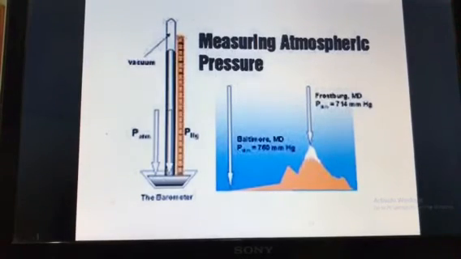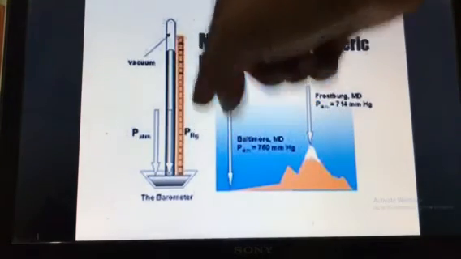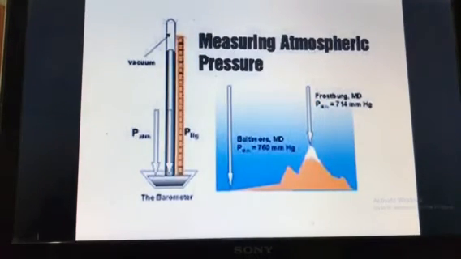The Italian scientist Torricelli was the first to conclusively prove that the atmospheric pressure can be measured by inverting a mercury filled tube into a mercury container which is open to the atmosphere.